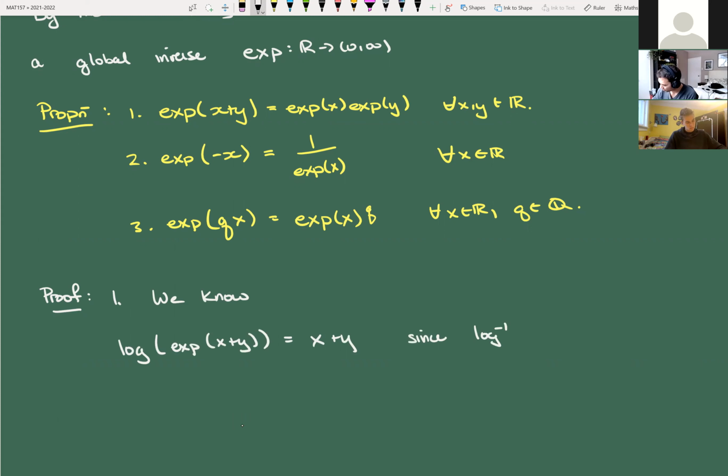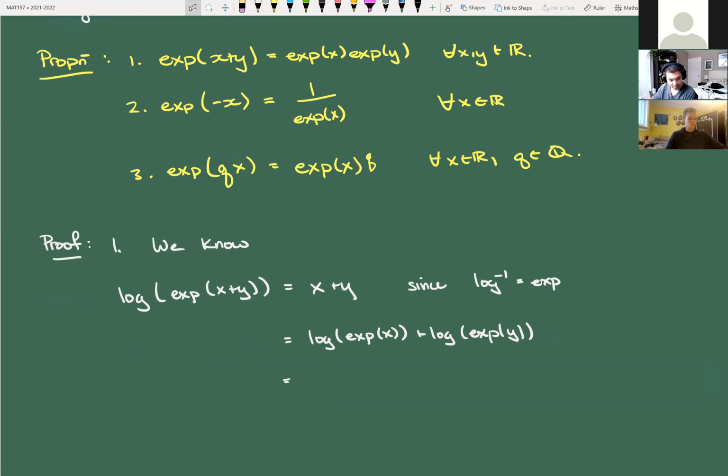Since log inverse is equal to x, right? But this thing on the right-hand side is also just log x plus log y, right?